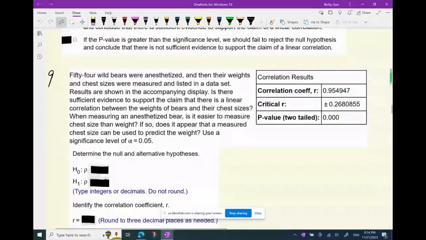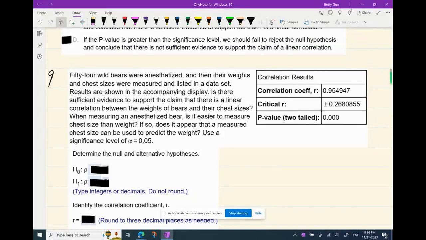Okay, it's not a multiple choice question anymore. We have 54 wild bears that were anesthetized. I don't know how to pronounce that, I'm sorry. Anesthetized. Put to sleep, right?